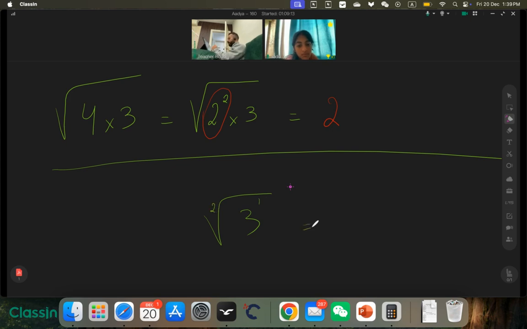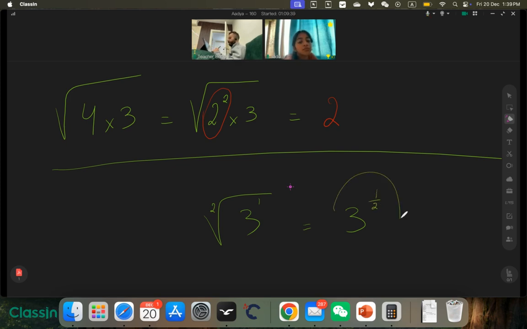So this one cannot go outside the square root. Well, it can, but it's going to go out as 3 power half.